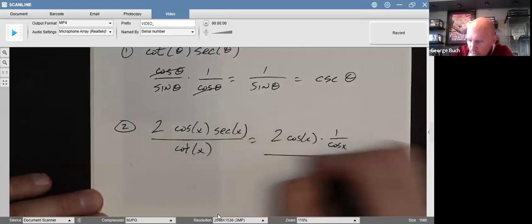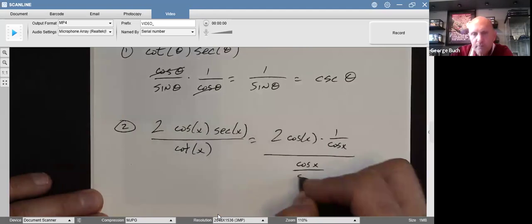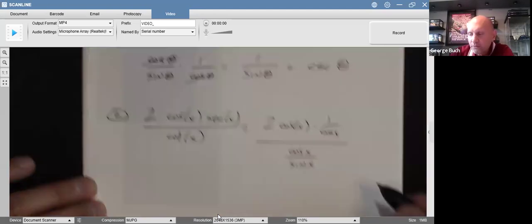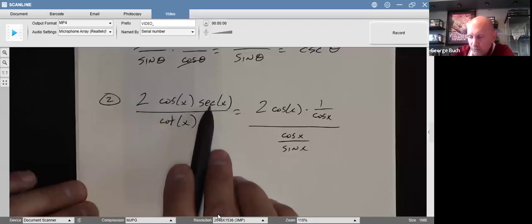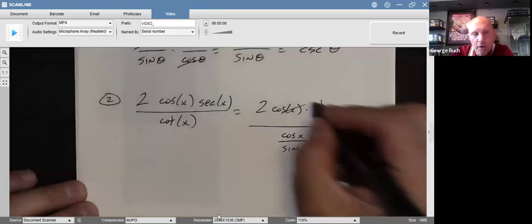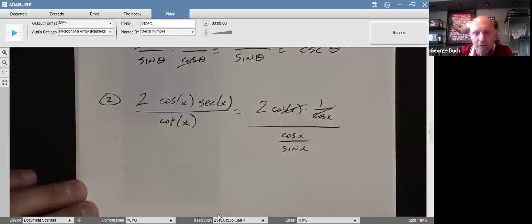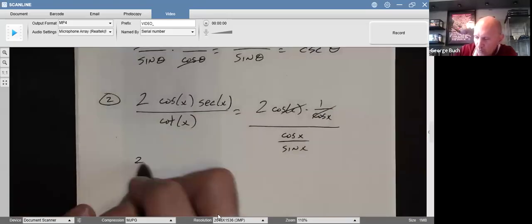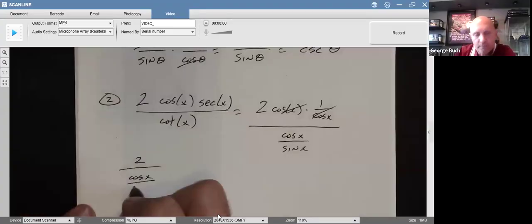And then cotangent is cosine of x divided by sine of x. So we can see here, these guys are what? Reciprocals of each other. And so anytime I have cosine times secant, they're going to cancel out and give me 1. Tangent times cotangent, going to give me 1. Sine times cosecant, going to give me 1. So in this case, these two cancel out. So I end up with 2 over cosine of x over sine of x.